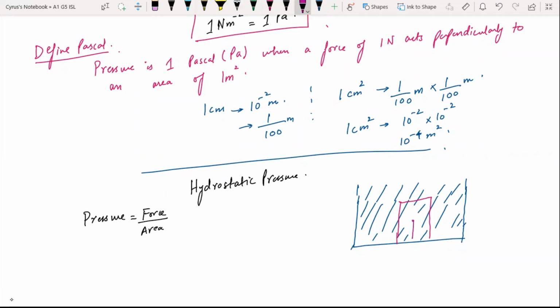That is given by mg, the weight. So we have here the area of cross section is A, which is the area of cross section that we have.